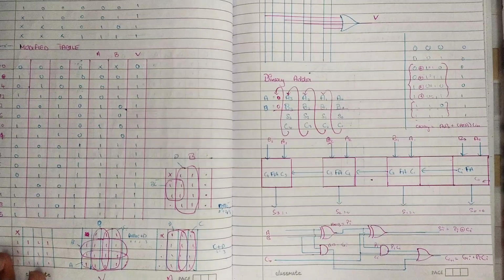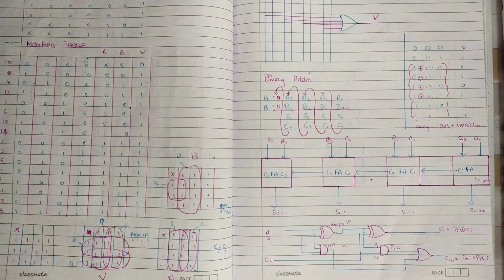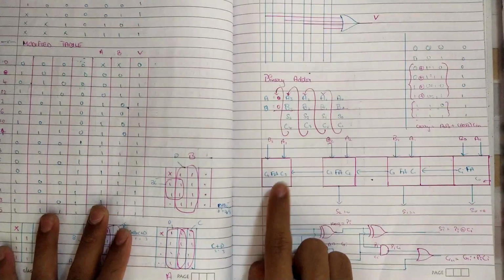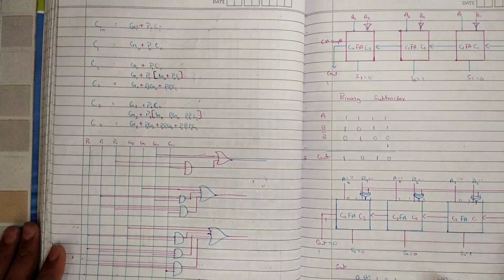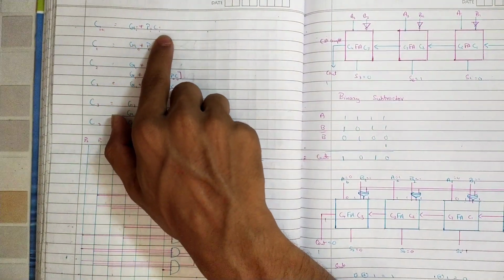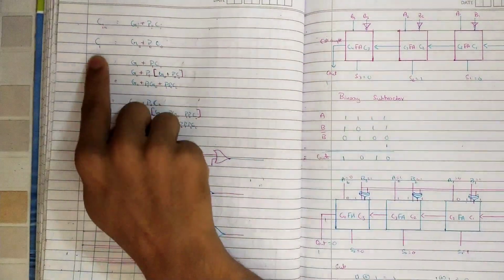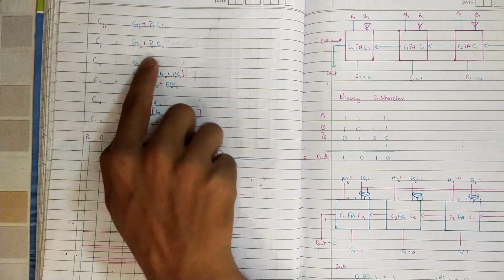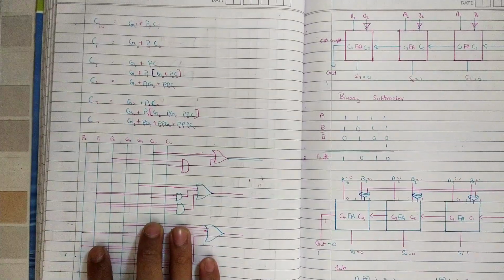The I is there because CI will change from C0 to C1, C2, C3; here we have up to 3. So let me explain that. Usually C(I+1) equals GI plus PI into CI. This was your carry out. Now if I is 0, it will be C1 equals G0 plus P0 C0. How do we get G0 plus P0 C0?